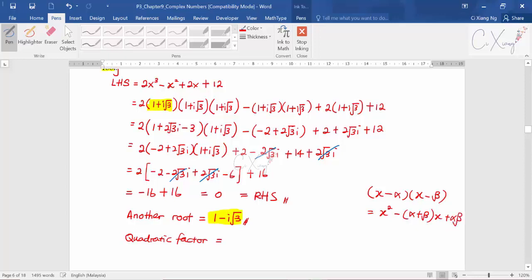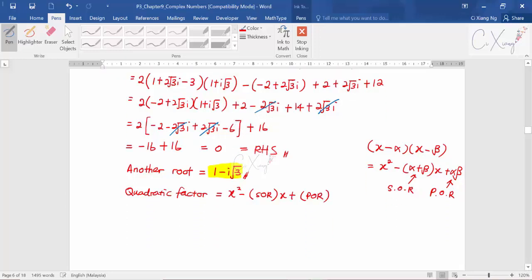So alpha plus beta means the sum of roots, and alpha multiplied with beta is the product of roots. So to form a quadratic equation, we are going to do the same thing: x squared minus the sum of roots x plus the product of roots.